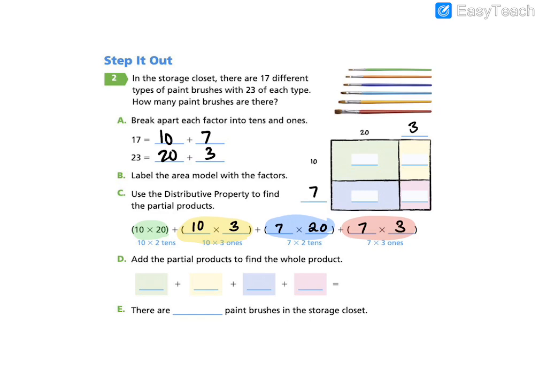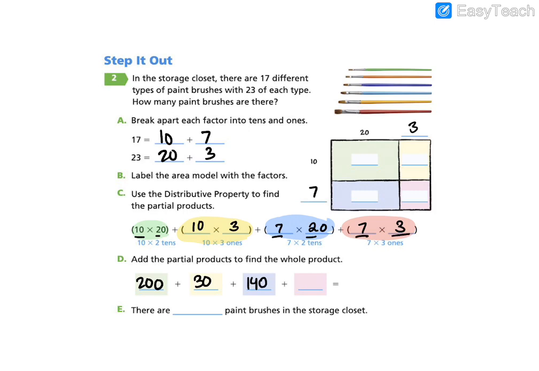Okay, so now we need to go ahead and find what our partial products are and then add them all up. So 10 times 20 is the same as 10 times 2 tens, which would be 20 tens, or 200. 10 times 3 is 30. 7 times 20 is 7 times 2 tens, which is 14 tens, or 140.